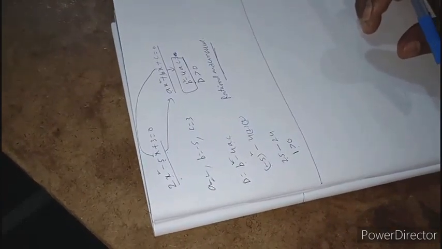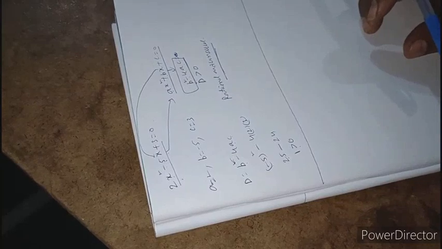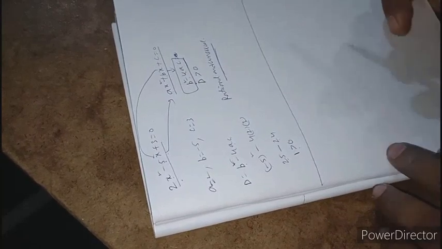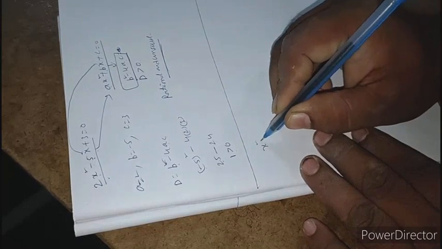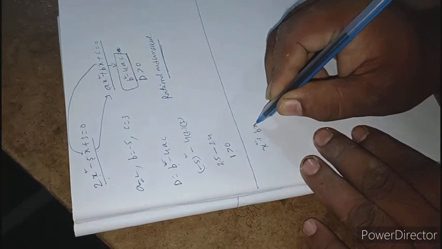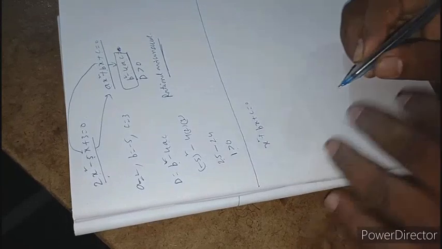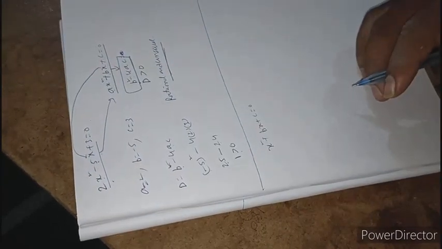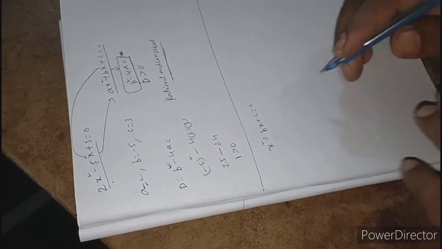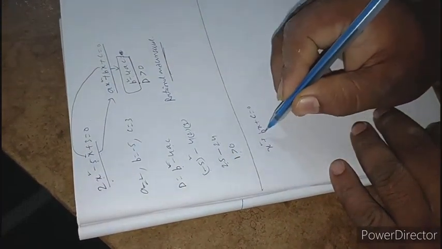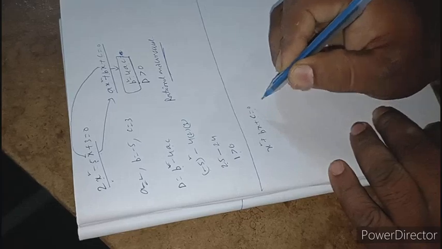Next, 11th question. The difference of the roots of x square plus bx plus c equal to 0 is.